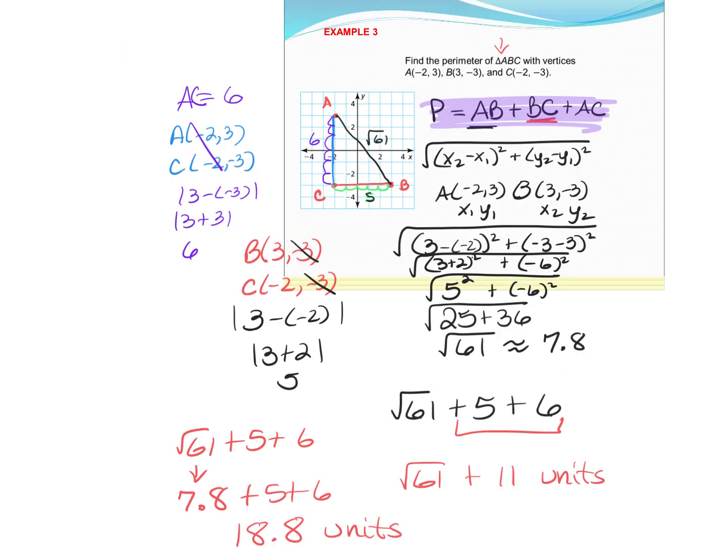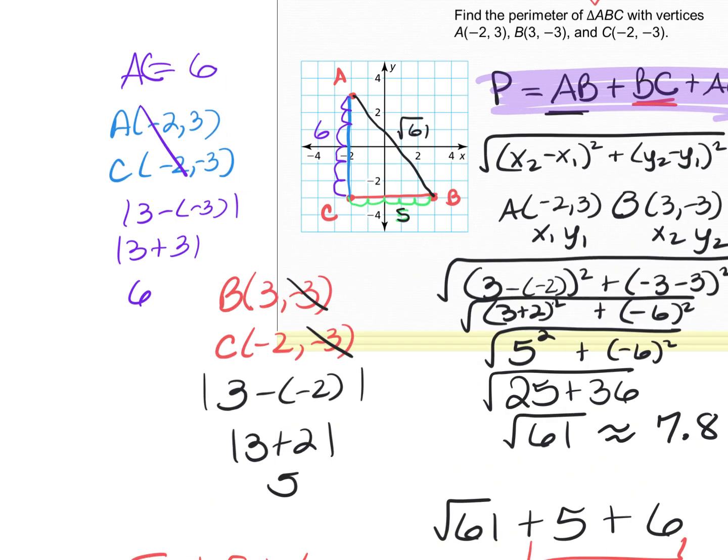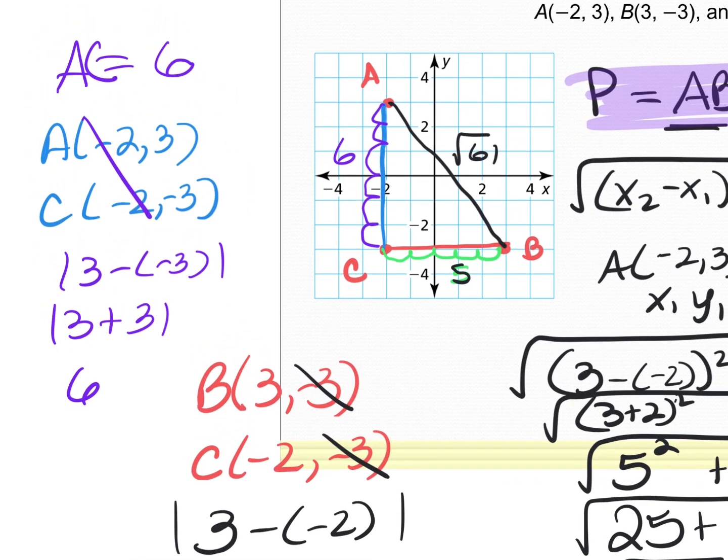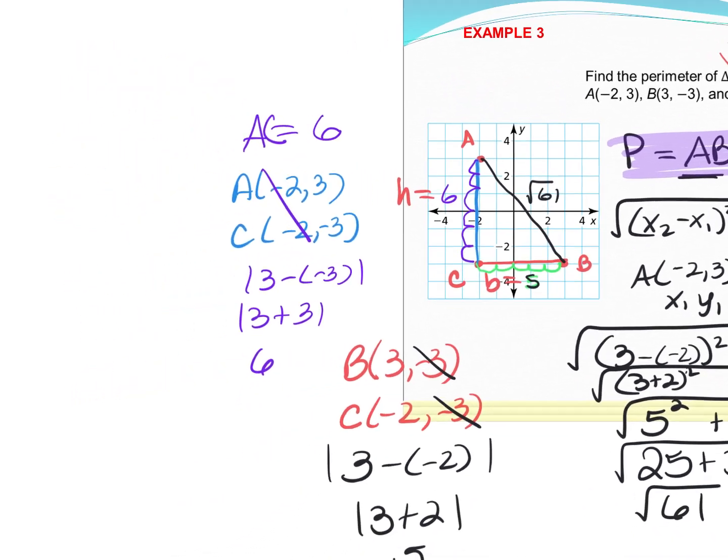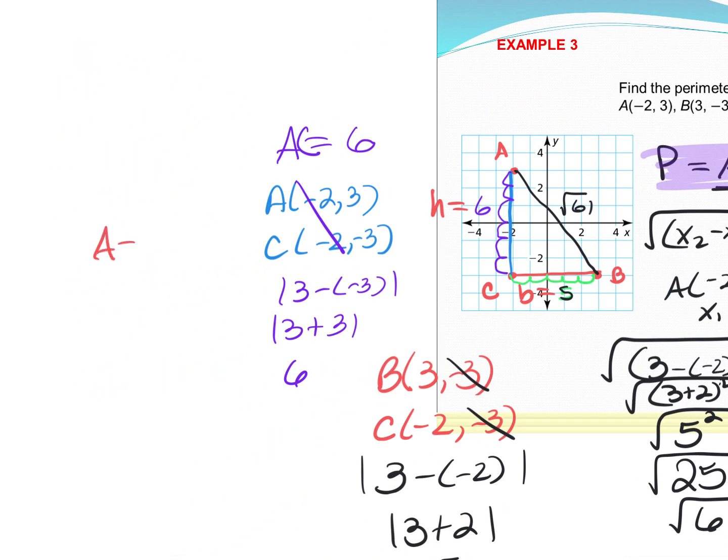This picture, let's say the question instead said find the area. So my height is actually this segment here, AC, and then the base is the 5. So if the question said find the area, 1/2 base times height, all you would do is 1/2 times 5 times 6.